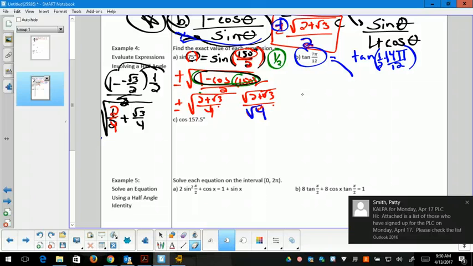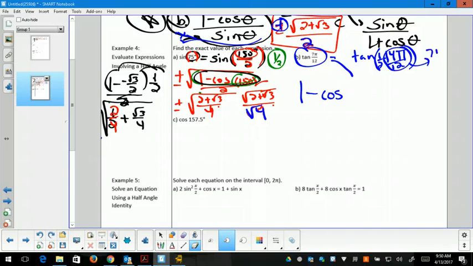So I'm going to do 1 minus cosine, knowing that this angle is our theta, 7 pi over 6, minus cosine of 7 pi over 6 over sine of 7 pi over 6. Cosine of 7 pi over 6 is negative square root of 3 over 2. Sine is negative 1/2.